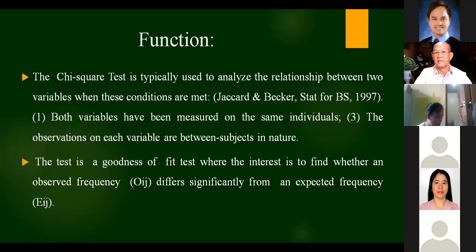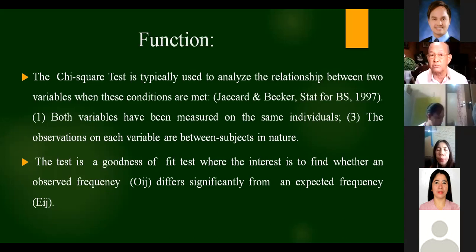Okay. So let's begin with the function of chi-square. When do we use the chi-square test and Cramer's V coefficient? Generally, the chi-square test is typically used to analyze the relationship between two variables when these conditions are met, and this is according to Jaccard and Becker.